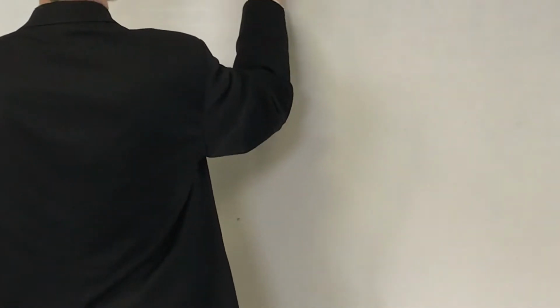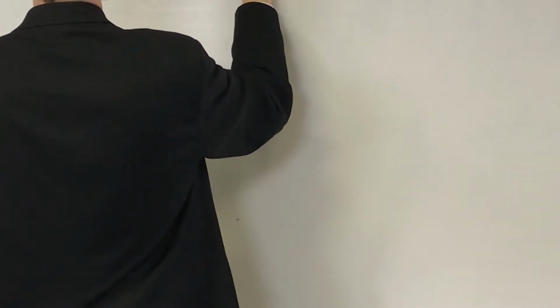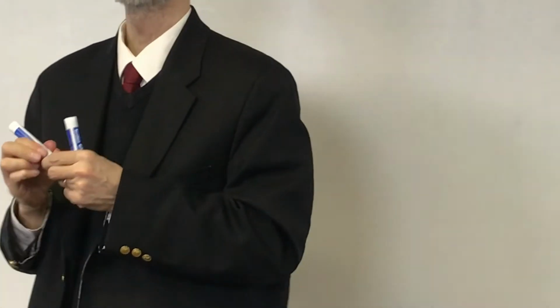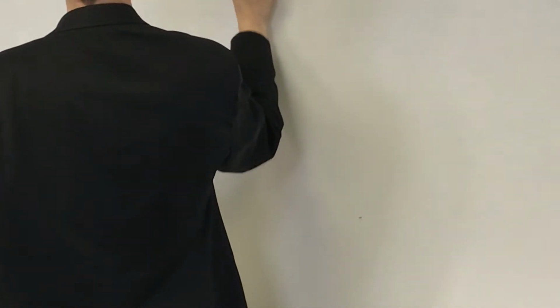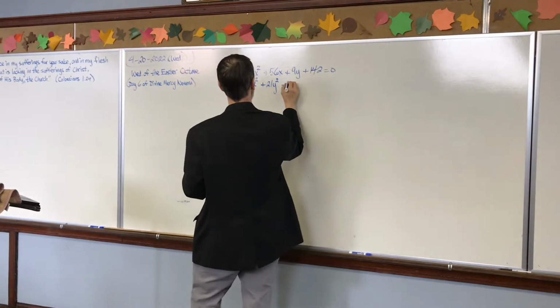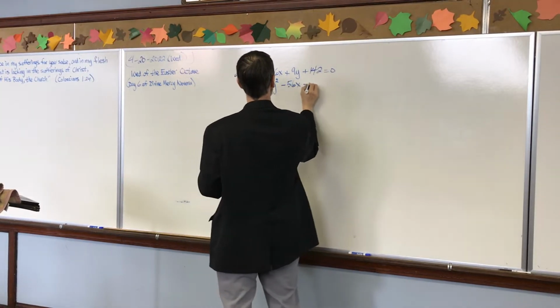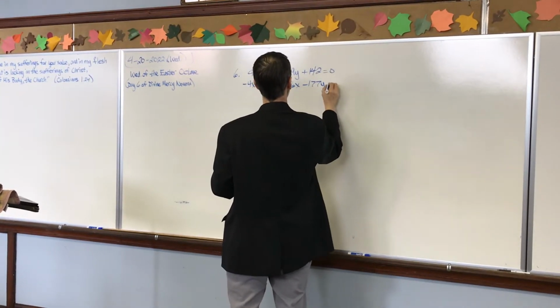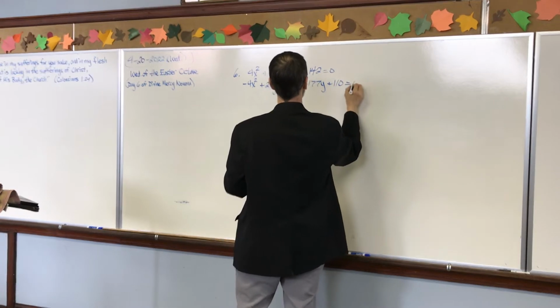And for the second equation, can you read it out for me? -4x squared plus 21y squared minus 56x minus 177y plus 110 equals 0, okay.